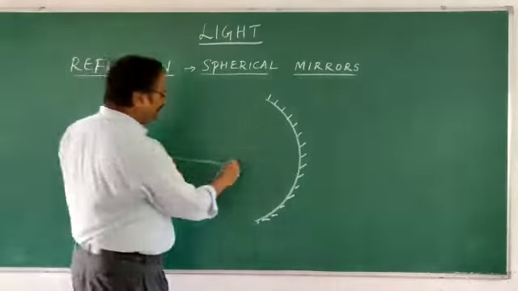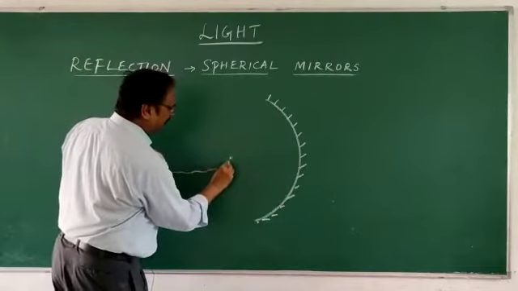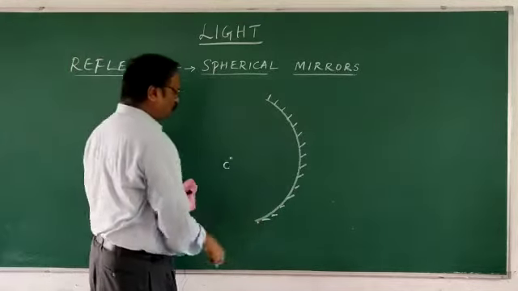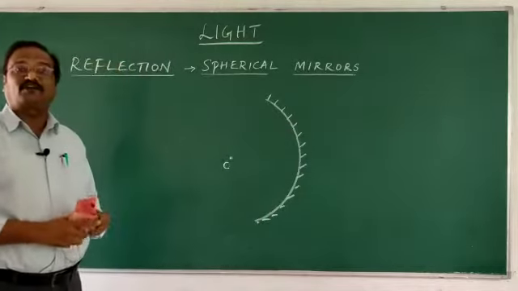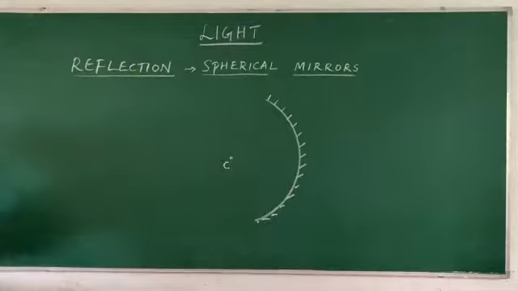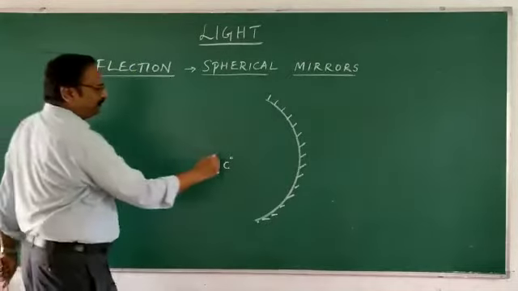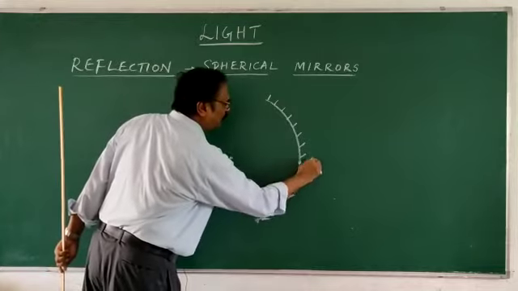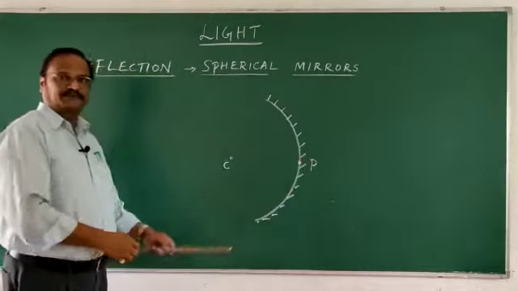What I did here, I kept this as the center, this is the center of the sphere, and this is only a curve, so it is called the center of curvature. Now, let me take the middle point of this curve, and that is called the pole of the mirror.